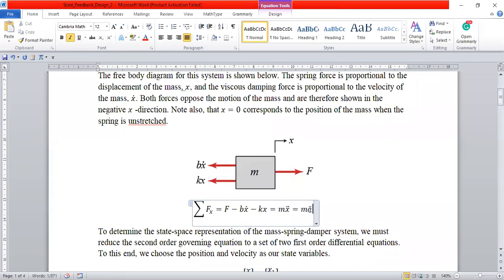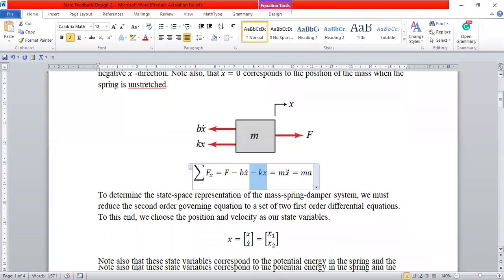And acceleration, since x is the displacement, the second derivative of the displacement is given by the acceleration. So in place of a, we are going to put x double dot. Then this is the force acting in this direction. Then the force is acting in the opposite direction. That's why you have this minus sign. So b x dot, then minus kx. So we've been able to derive the mathematical equation for the mass spring damper system.